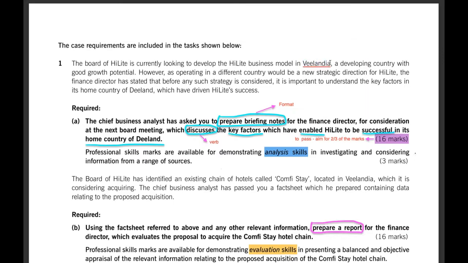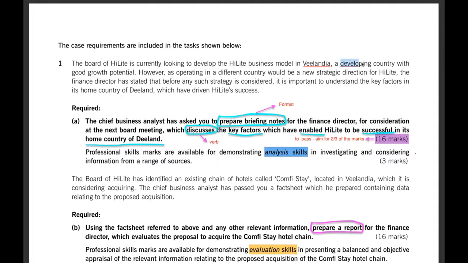All right, talking about Finlandia. Okay, you still remember the information you had previously, talking about this particular proposed acquisition. Perhaps this is what it is all about. So as you read through, you try to relate it back and forth on all the information that you have read through.